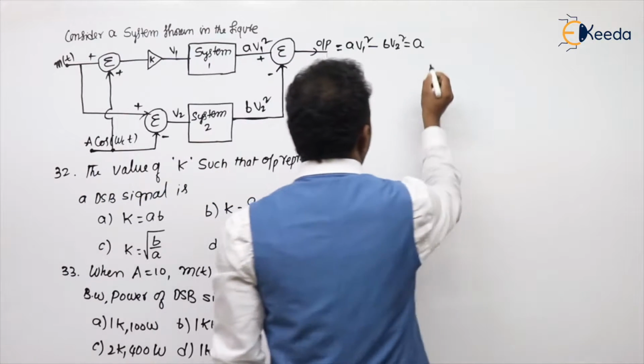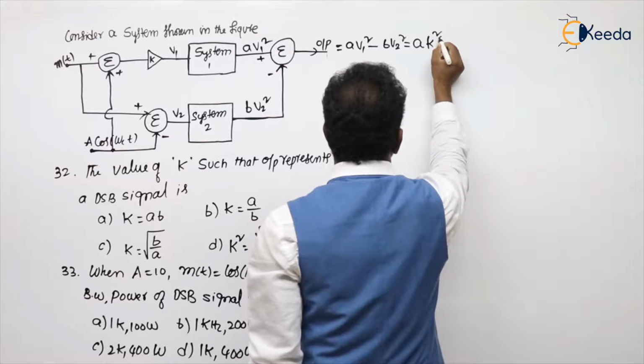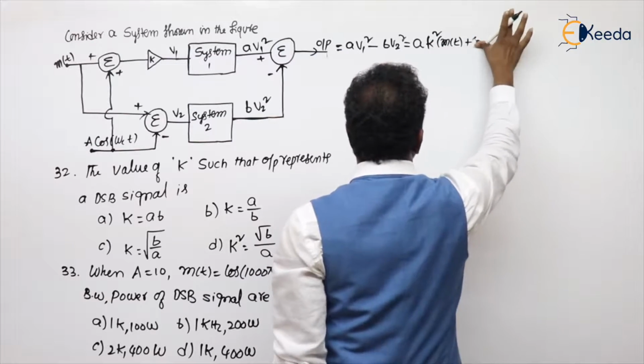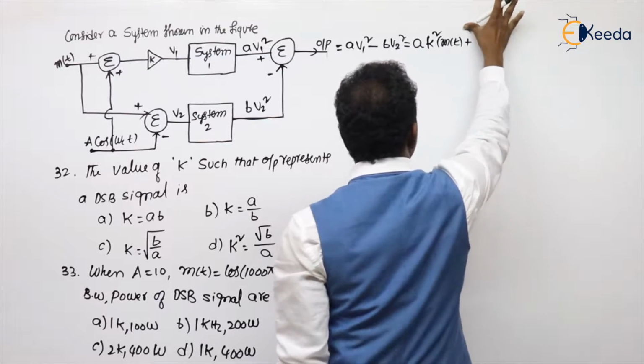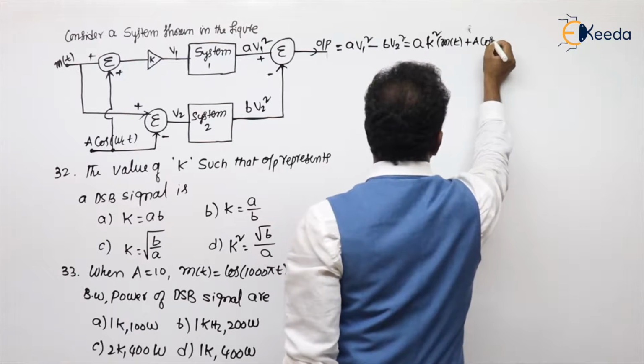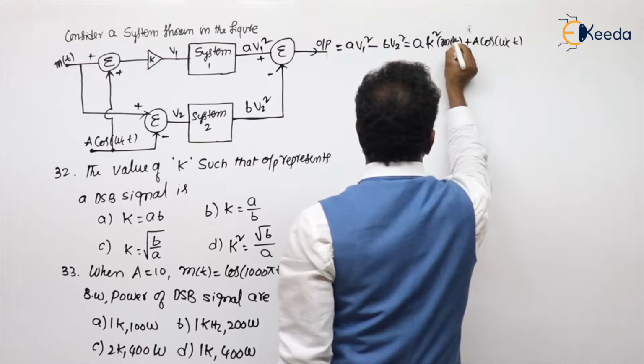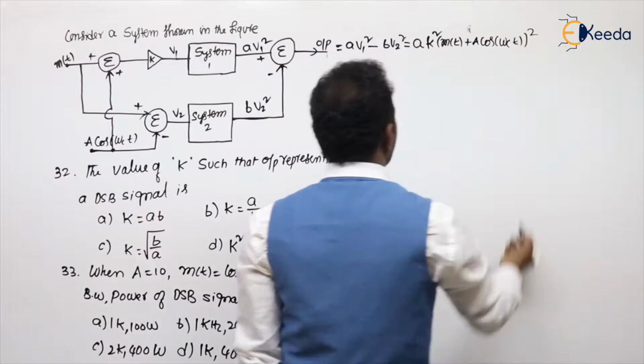Since it is squared, we get K square into (m of t plus A cos omega ct) whole square, and this also we need to square.